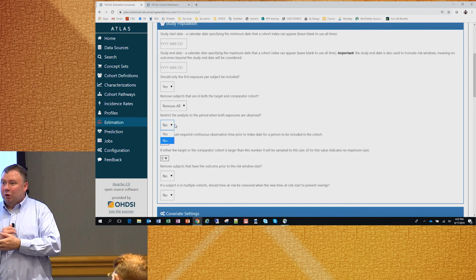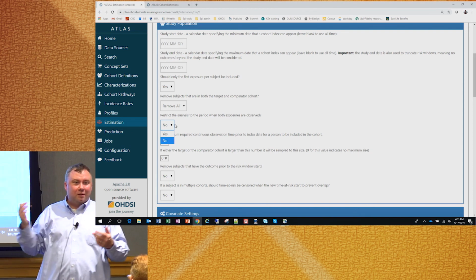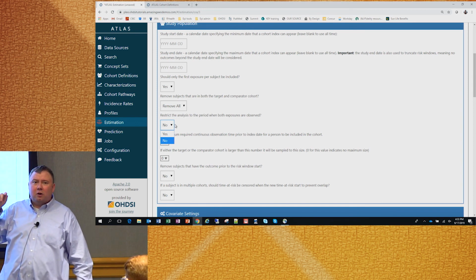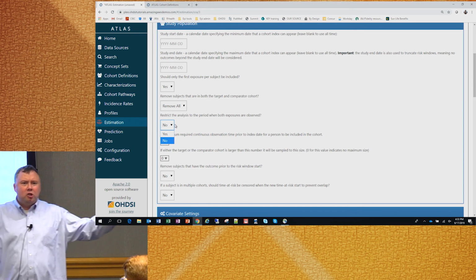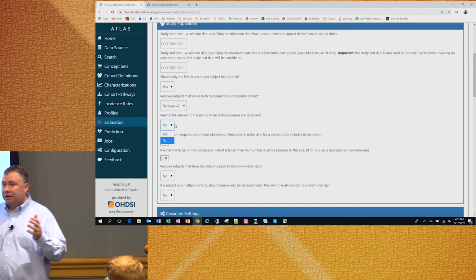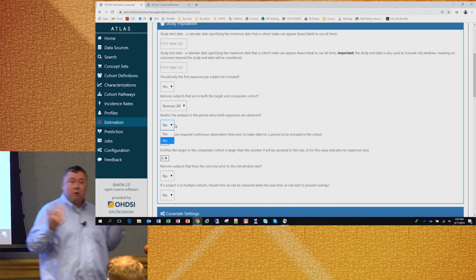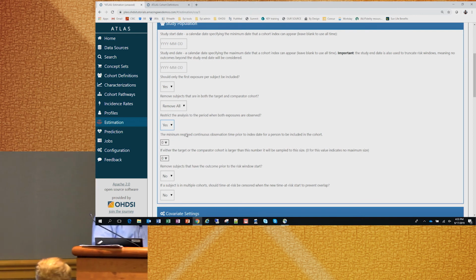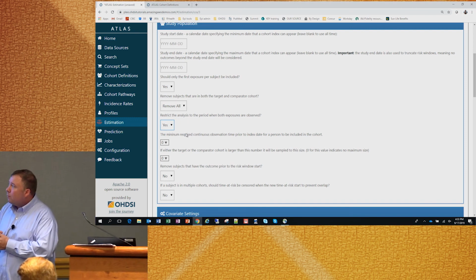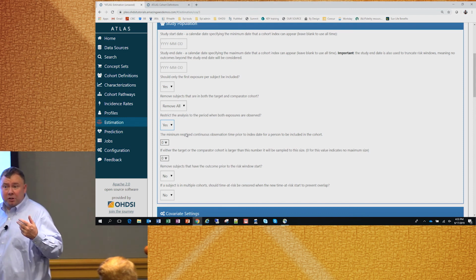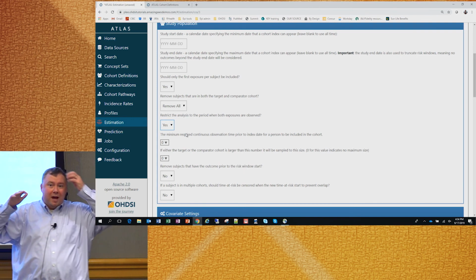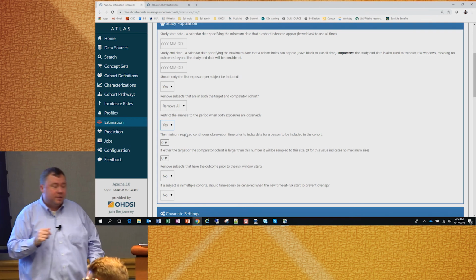Right? If only the blue pill is available, then you don't have the choice of the red pill. So this option to restrict analysis to the period when both exposures are observed, this is basically asking the question, do you want to limit yourself to when all the patients actually had the choice of both treatments? And in general, we think that it would be a good idea for you to do that, though there may be circumstances where that is not necessary. So in this case, I would recommend that we do this because we know that nivolumab is a more recent therapy, and carboplatin is kind of the standard therapy that's been around for quite some time.